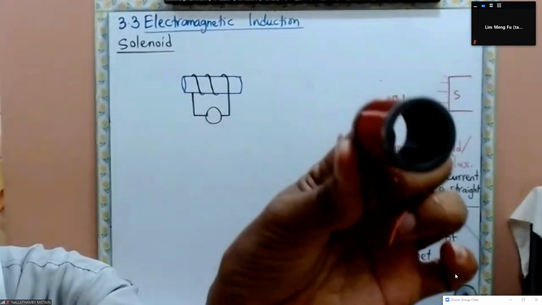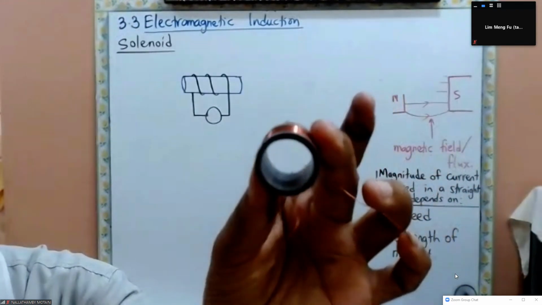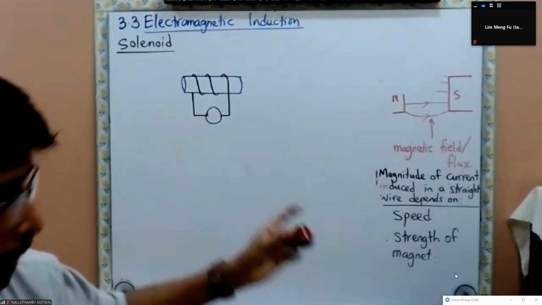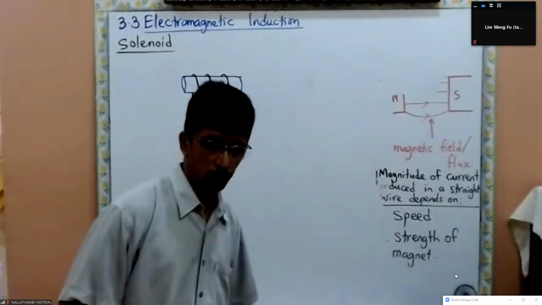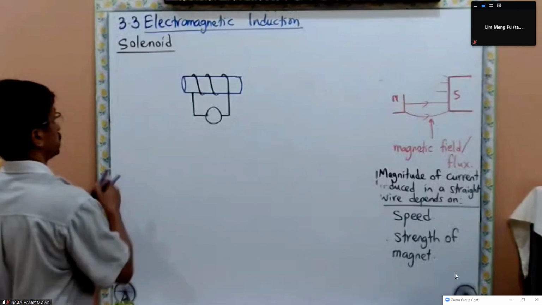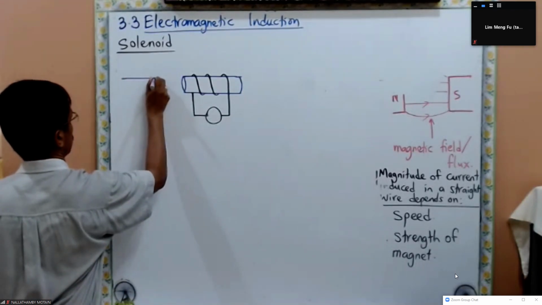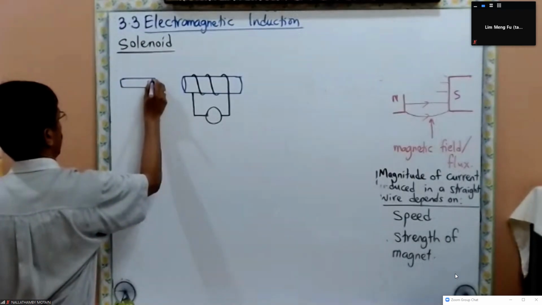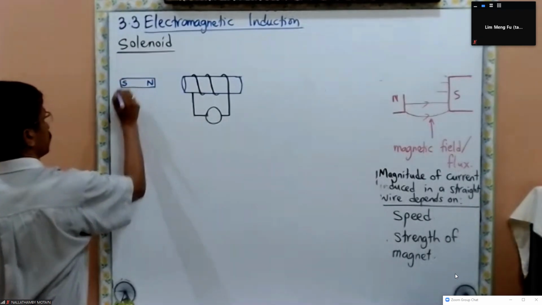Okay, empty space in between. A lot of turns of coil, but here only three turns, so that's easy for you to draw. And then let's say in front of it, I place a magnet, north and south pole, like this.